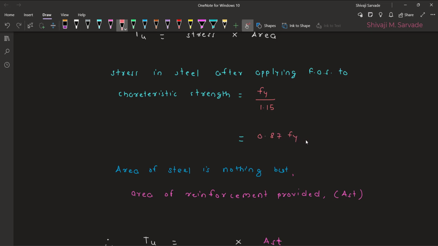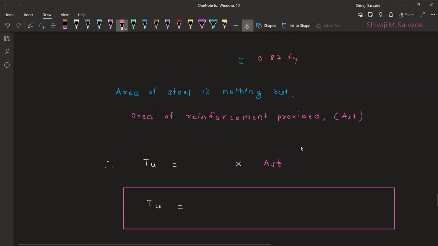For example, we have 4 grades of steel. Mild steel has Fe250, then we have HYSD steels, Fe415, Fe500 and Fe550. So the stress in steel comes out to be 0.87 Fy. Now what is the area of steel that we are providing? This is the area of reinforcement, AST.